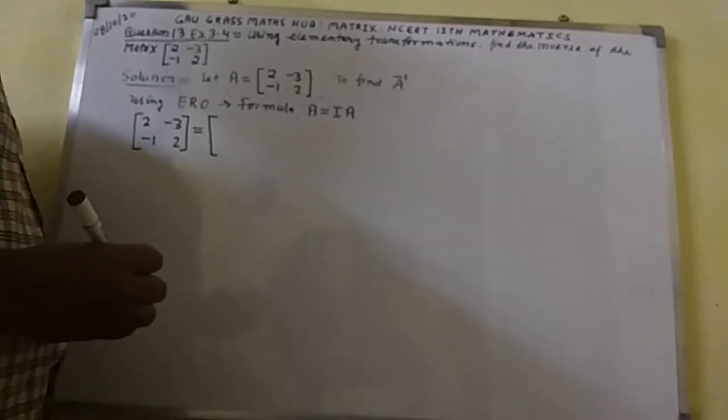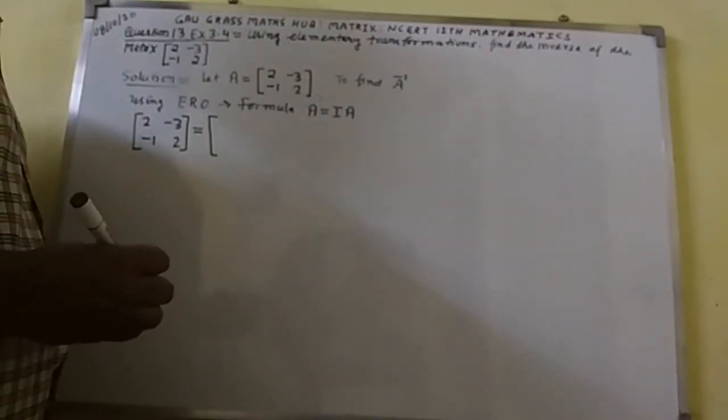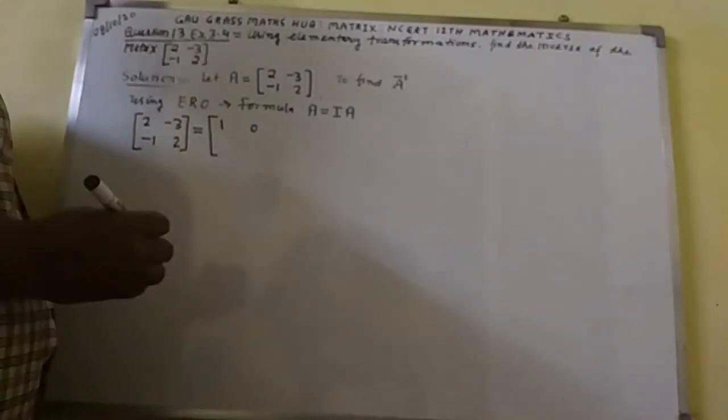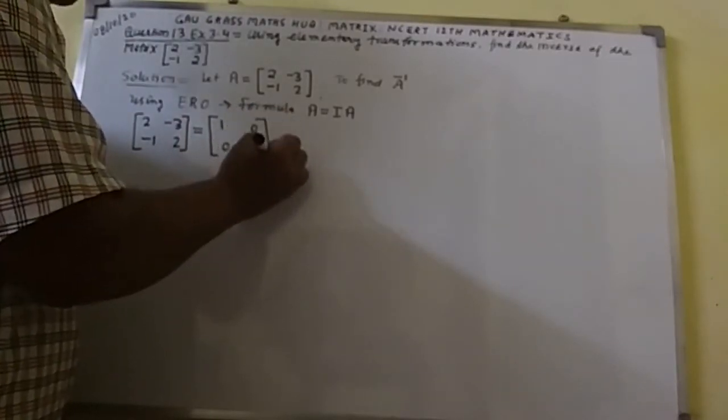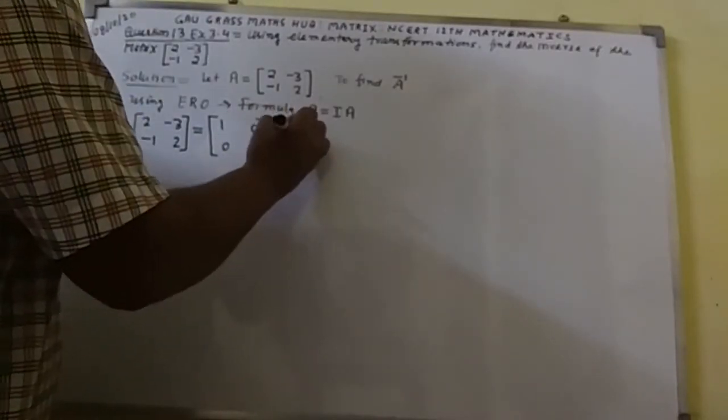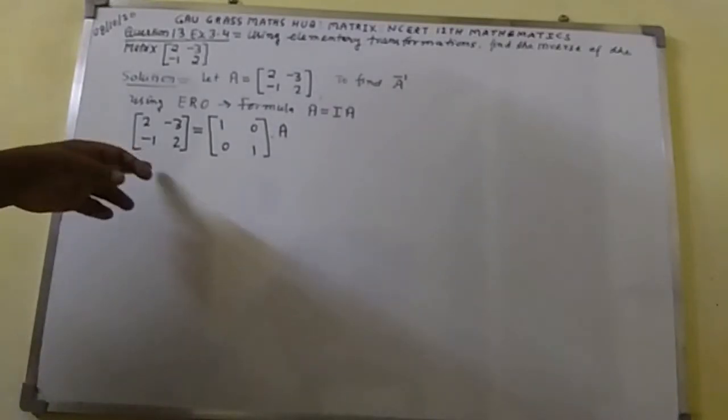The elements of first row in the identity matrix will be 1, 0, and the elements of second row will be 0, 1. Closing square bracket. Here I shall write capital A. So this is the given matrix, this is the identity matrix, this multiplied by capital A, the given matrix.